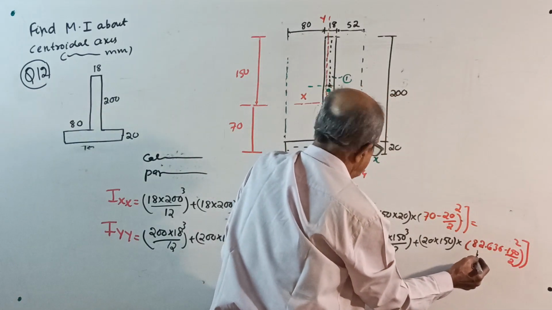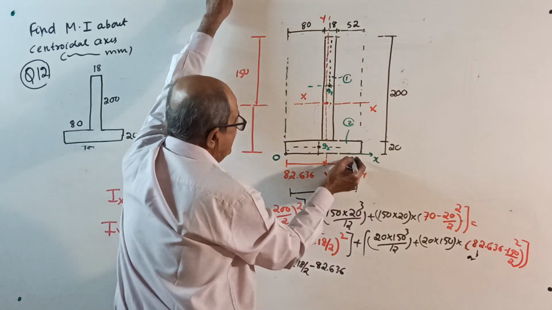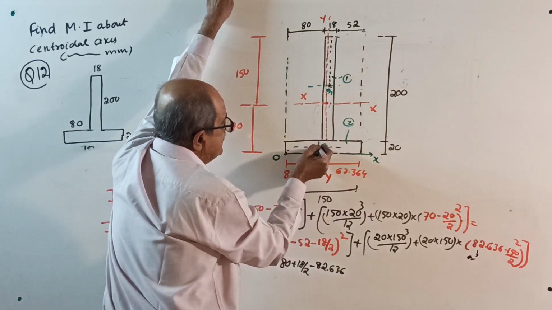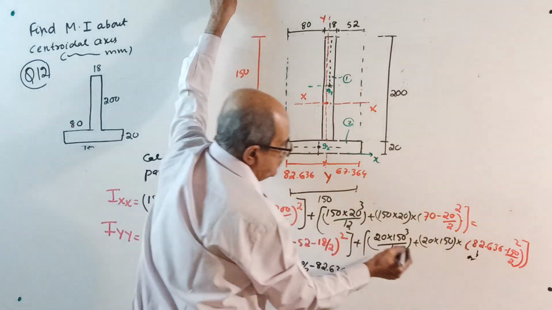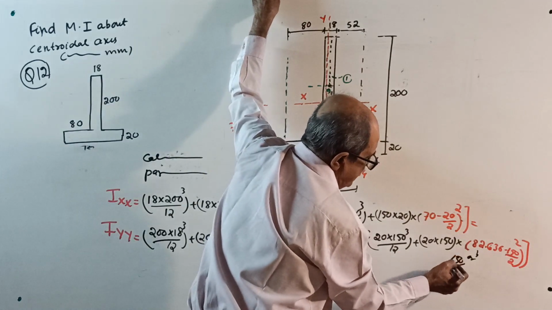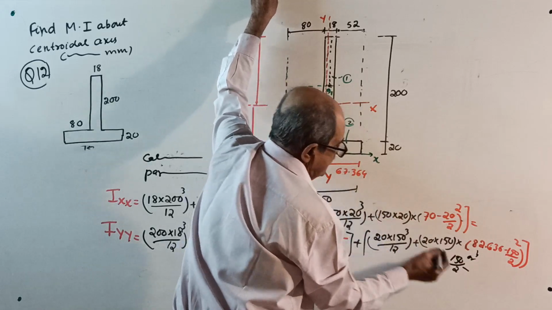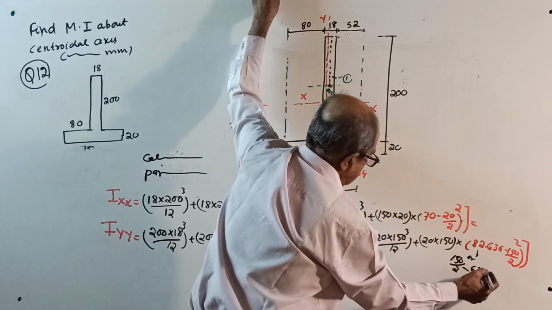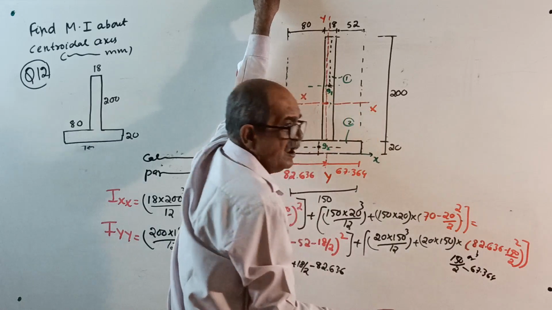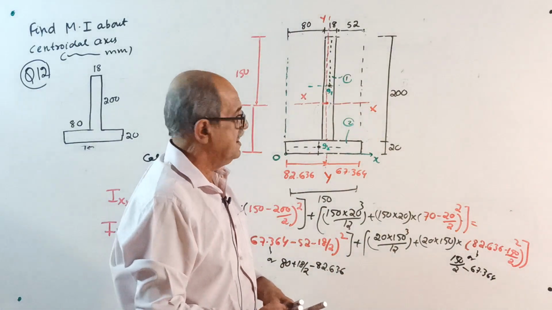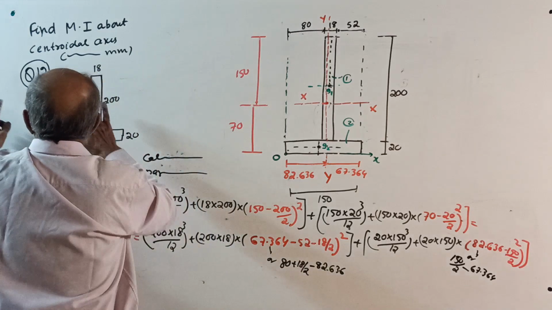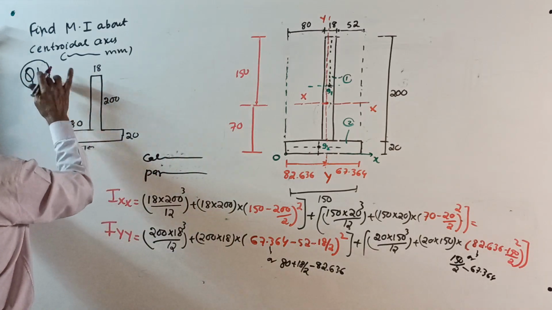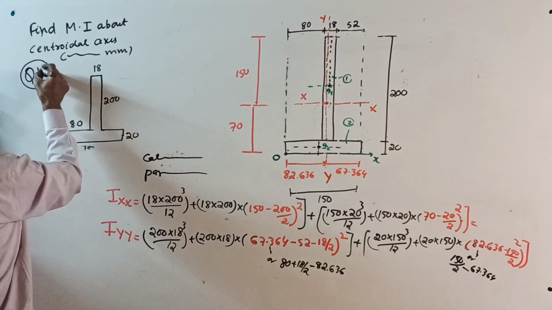Or if you go that side, from here to this centroid is 150 by 2. From 150 by 2, subtract 67.364. That also will do, that squared. Get the answer.